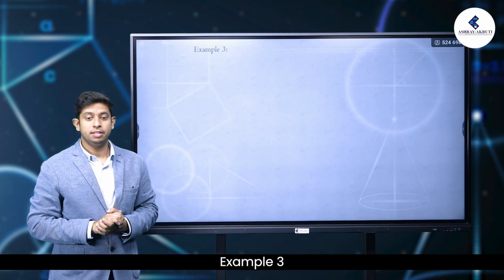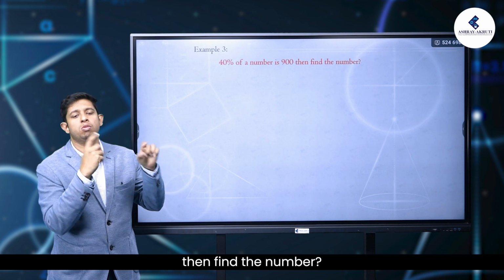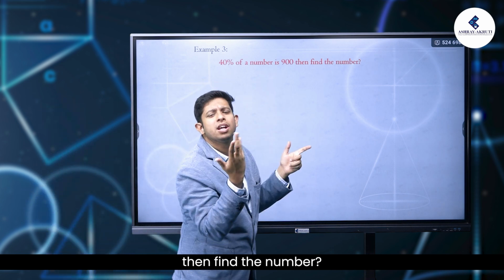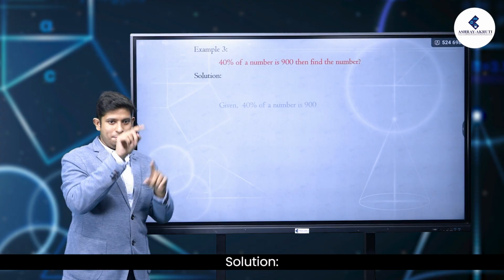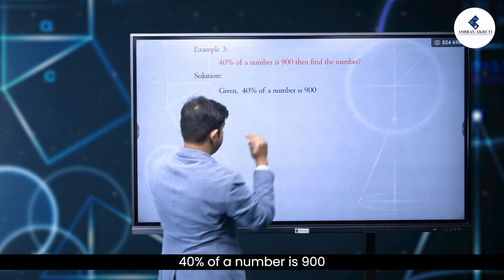Example 3. 40% of a number is 900, then find the number. Solution. Given: 40% of a number is 900.